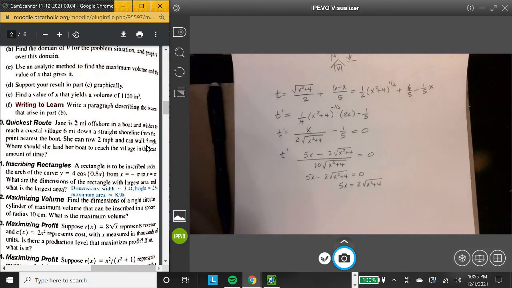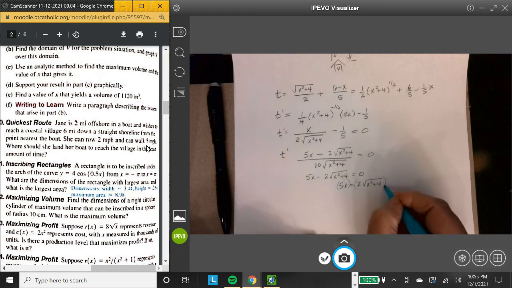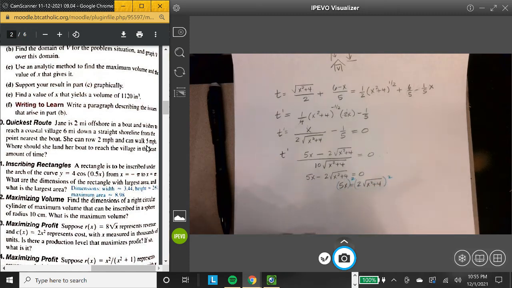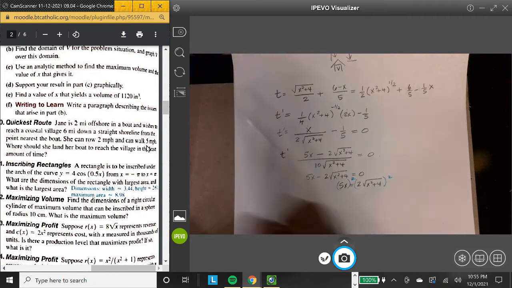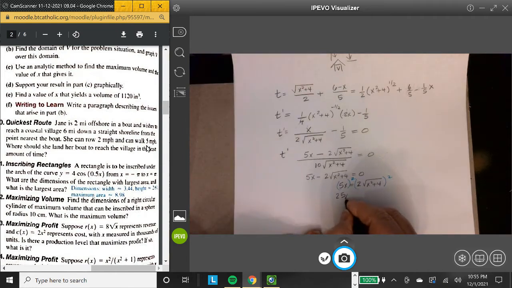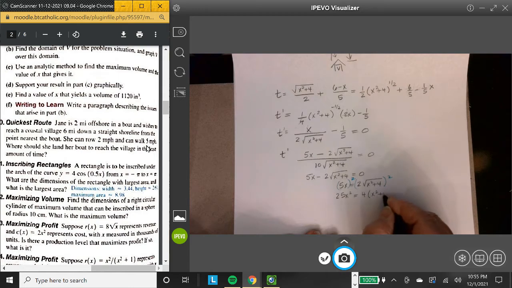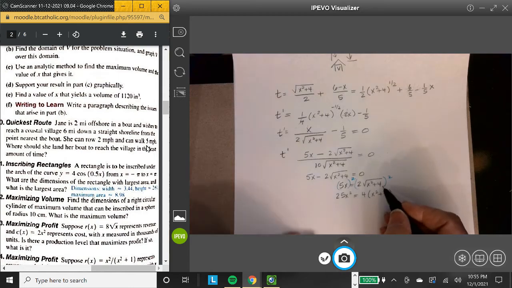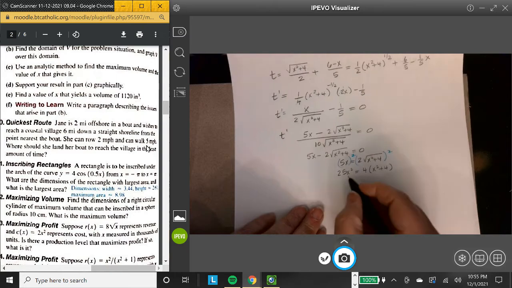Now I'm going to square both sides because I got to get rid of that square root to solve for x. Squaring both sides, we're going to get 25x squared equals 4 times x squared plus 4, right? Because when you square a square root, it goes away. So I'm going to distribute.